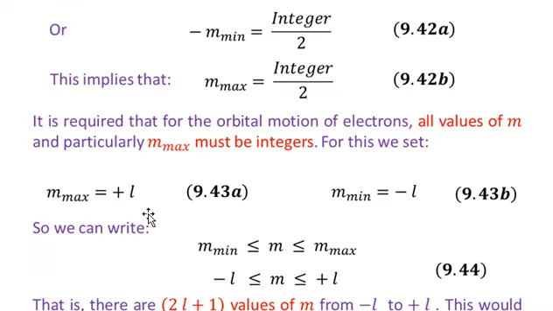Earlier I said that m was the magnetic quantum number. Now I am giving L a name: L will be regarded as the orbital quantum number. The maximum value of the magnetic quantum number is equal to the orbital quantum number, and the minimum value of the magnetic quantum number will be equal to minus the orbital quantum number, as shown in equations 43a and b.